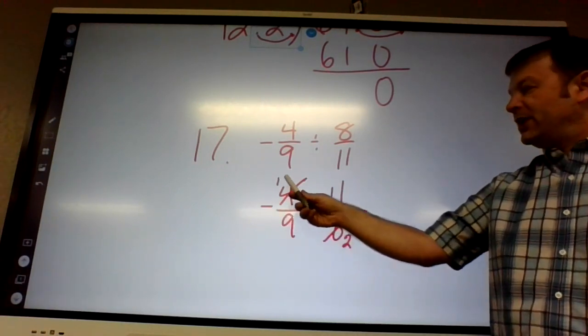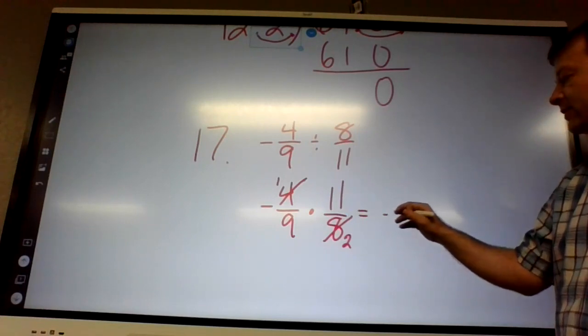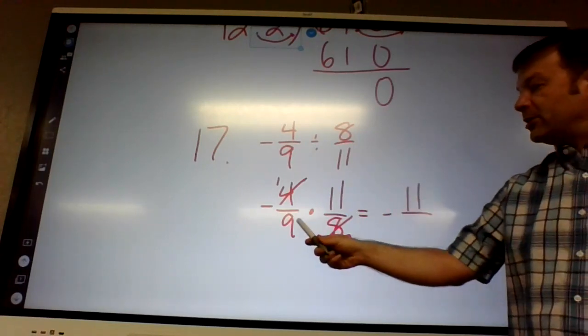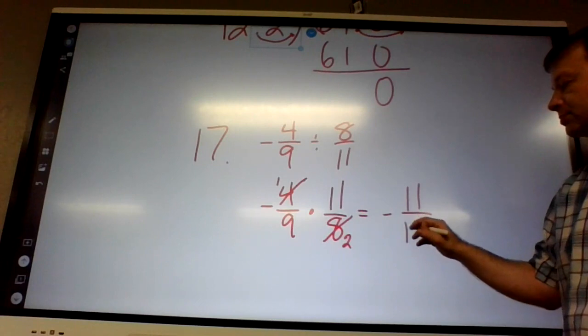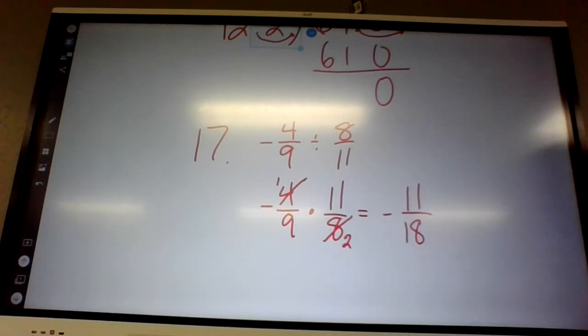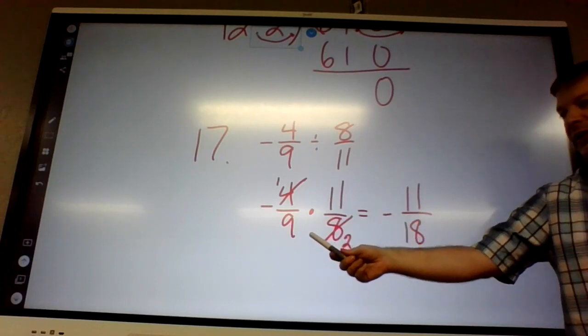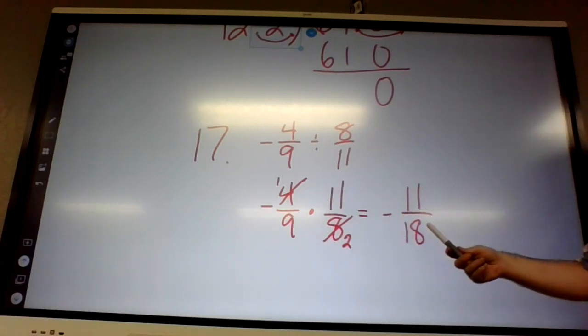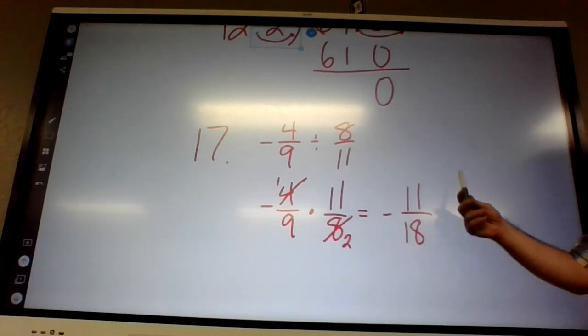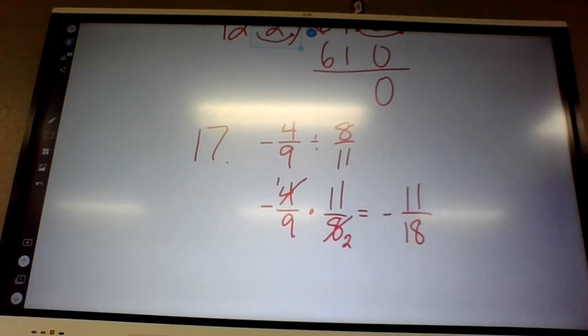So on the top we have -1 times 11, -11. And on the bottom, 9 times 2. And on these problems, multiply and divide, if you reduce it correctly over here, there should be nothing to reduce over here. If you didn't quite get it right, there will be something to still reduce, maybe.